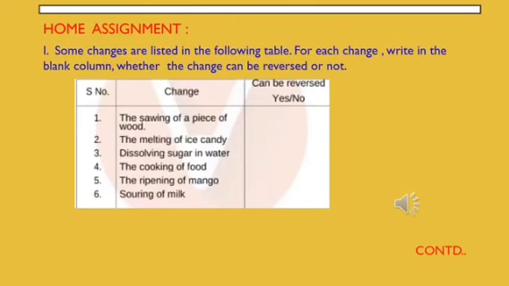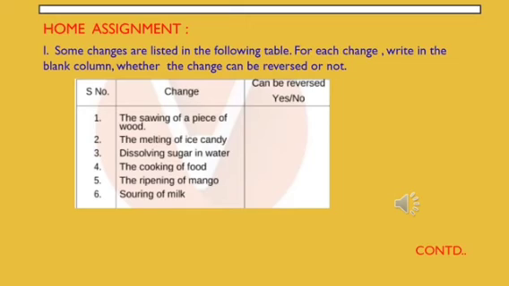Home assignment. First one. Some changes are listed in the following table. For each change, write in the blank column whether the change can be reversed or not. The first one, the sawing of a piece of wood. So you must have seen the carpenters sawing the wood.